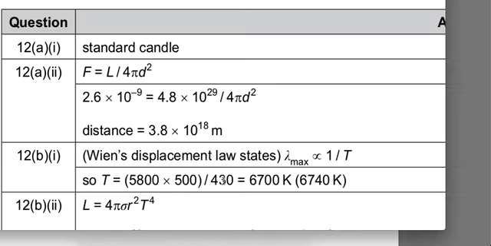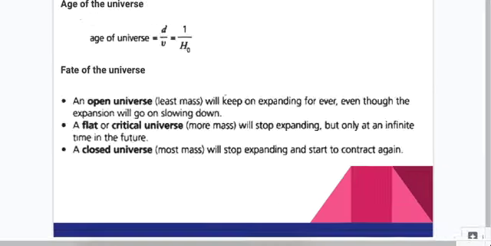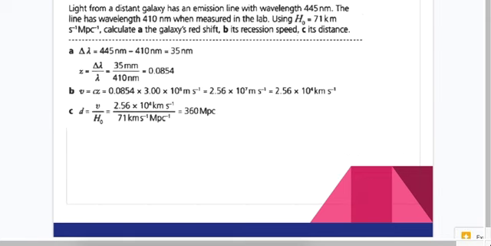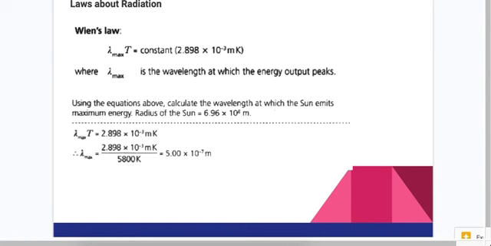Because both are in nanometers, you don't need to convert anything here, and you get 6700 Kelvin. So this is another way of looking at this law, that λ max is proportional to 1/T. In our line of reasoning, we have said that λ max times T equals a constant, and that is because, of course, they are proportional, right?